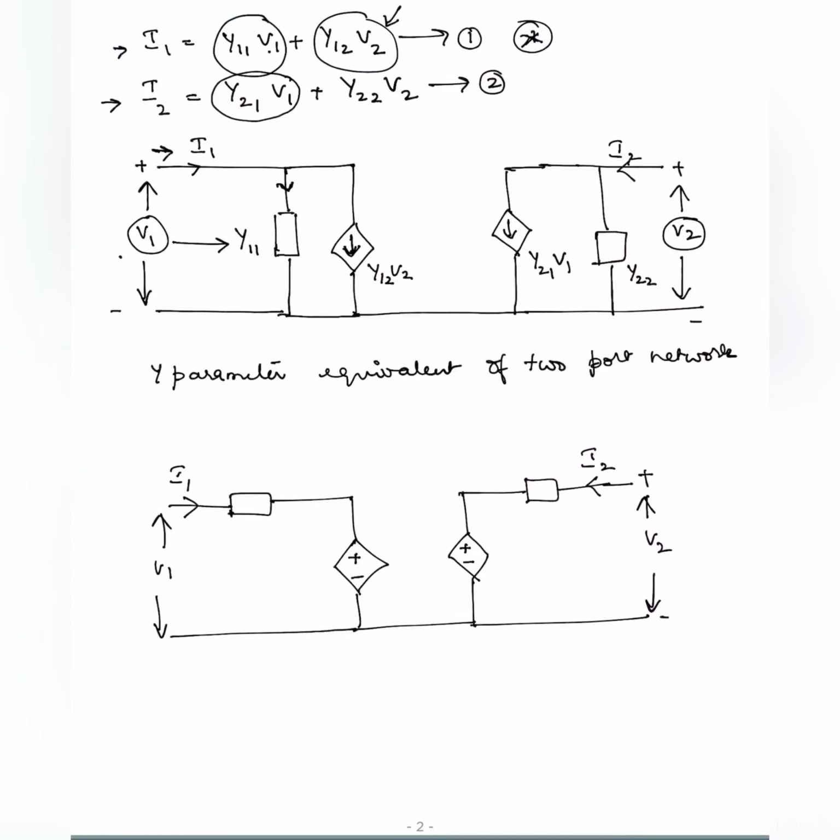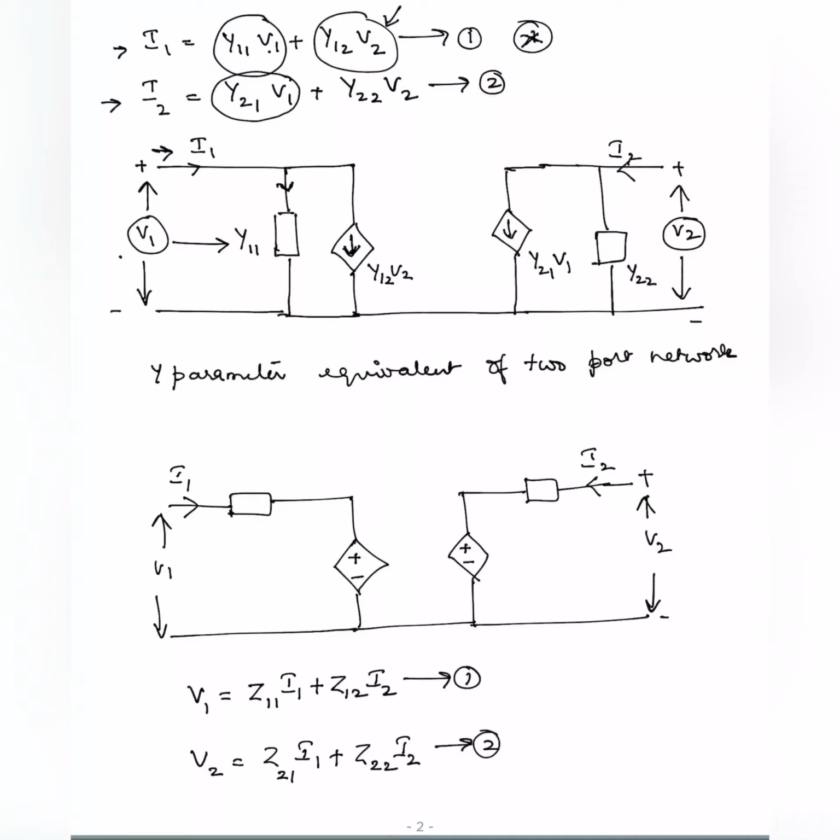You had the governing equations as v1 is equal to z11 i1 plus z12 i2. This was the first governing equation for z parameters, and v2 was z21 i1 plus z22 i2. So this was the second equation.